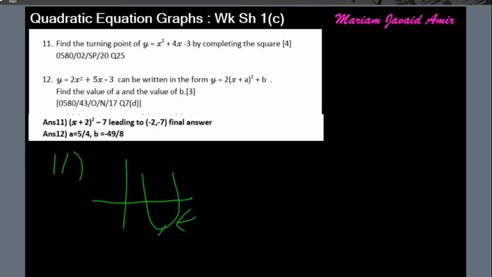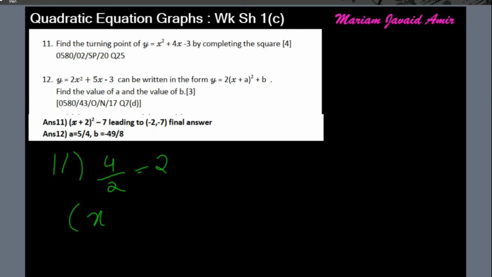So we need to find the turning point, so we first need to write it in completed square form. For that, determine the coefficient of x, which is 4, divided by 2, giving 4 over 2. Then we write (x plus 2) whole squared, plus because this is positive, and then we add k to it.